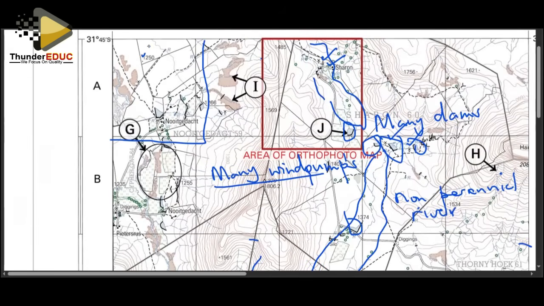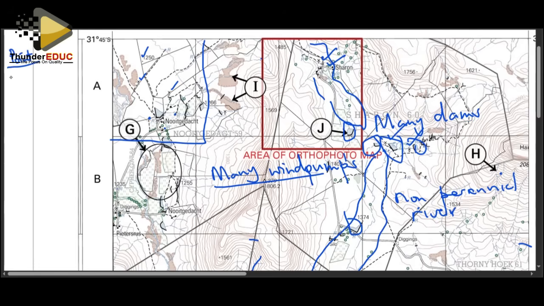This is a point feature, a spot height. And if you also look closely, you can see that there's a wind pump. It's also a point feature. This wind pump is also a point feature. And also, if we look closely, there's a reservoir here, and a reservoir there, and a reservoir there. All those are point features. So we are saying point features identified here.